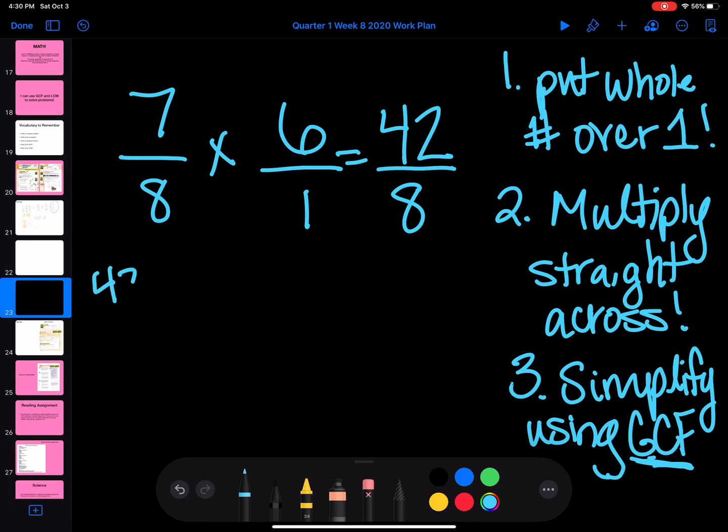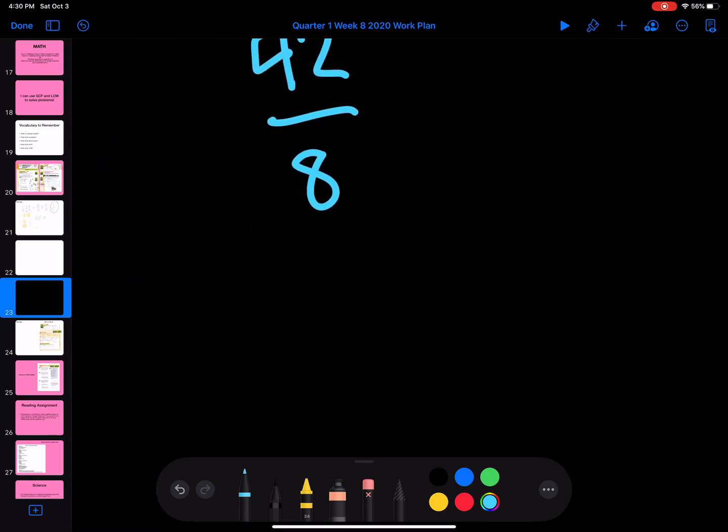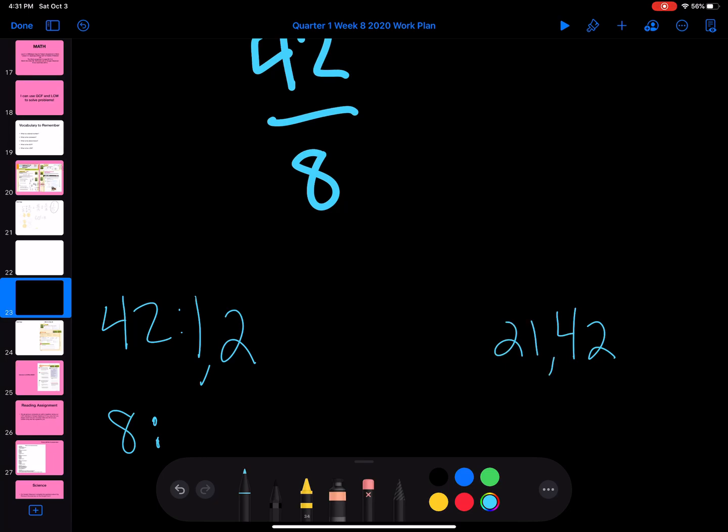So when I see 42 over 8, I know that I need to find a common factor. So I'm going to zoom in down here, and I'm going to factor 42 and 8. I know it would be 1 and 42, 2 and 21. Now, I don't know if 3 fits in, so I'm going to do some long division. And remember, they have to fit in equal amounts. So 3 fits into 4 one time.